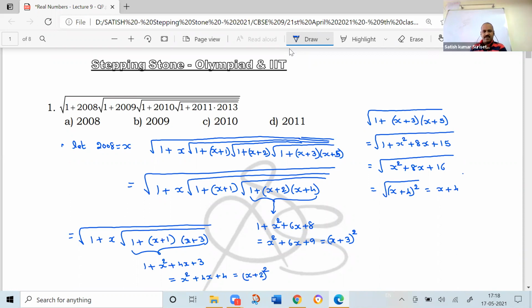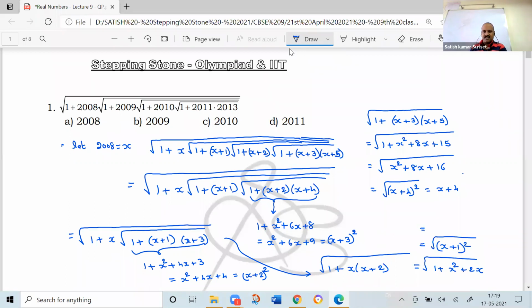Now this will become square root of 1 plus x into x plus 2. Now again root of 1 plus x square plus 2x. Now which is again a perfect square. Root of x plus 1 whole square, that equals x plus 1.